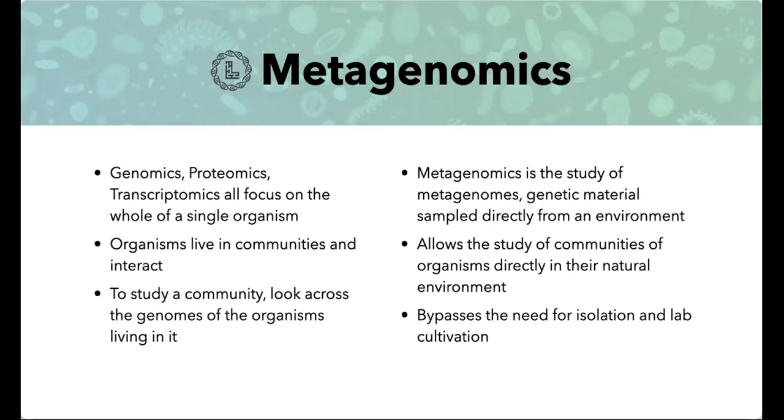So what do I mean by that? As opposed to genomics, proteomics, or transcriptomics approaches, which are a study of an individual for different data types, in metagenomics we are studying data from a collection of organisms. And we will end up characterizing the community as a whole, as opposed to an individual in the other omics data types.